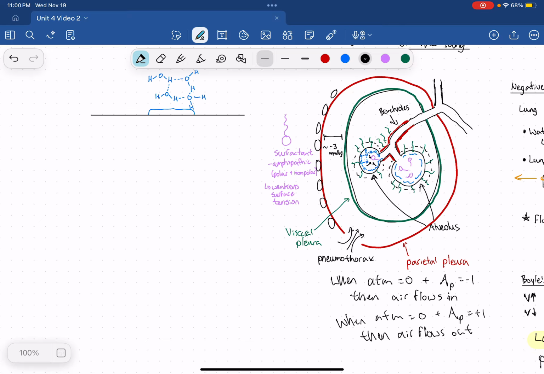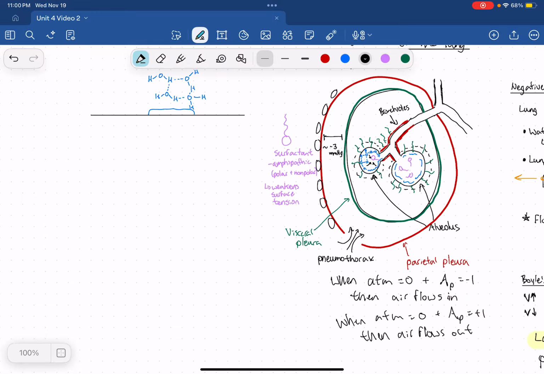And this is a medical emergency. Somebody with a pneumothorax needs to be treated immediately, because it will allow air to enter into the pleural cavity during inspiration, but it can't exit it.